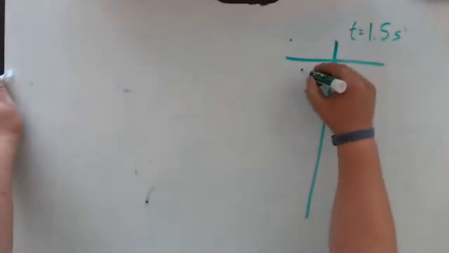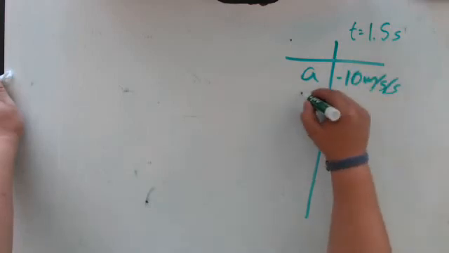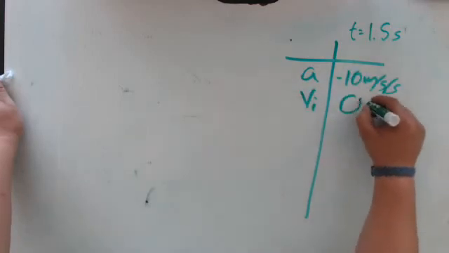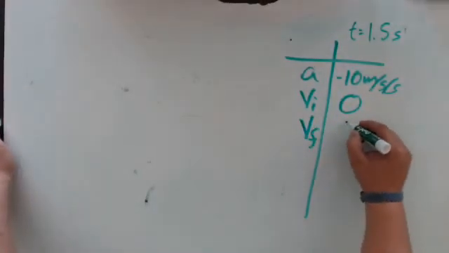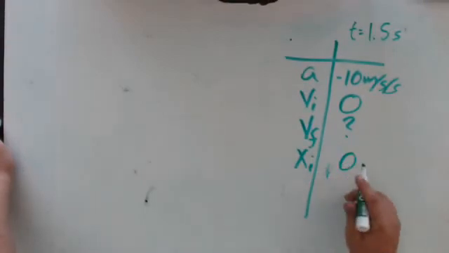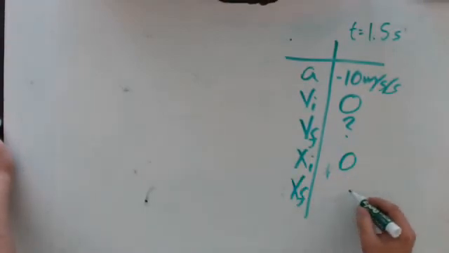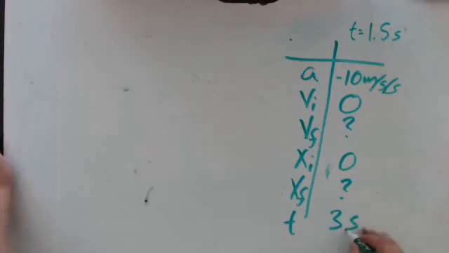My acceleration is negative 10 meters per second squared. My initial velocity is 0. My final velocity is unknown. My initial position is 0. My final position is unknown. And my time is going to be doubled, so it's going to be 3 seconds.